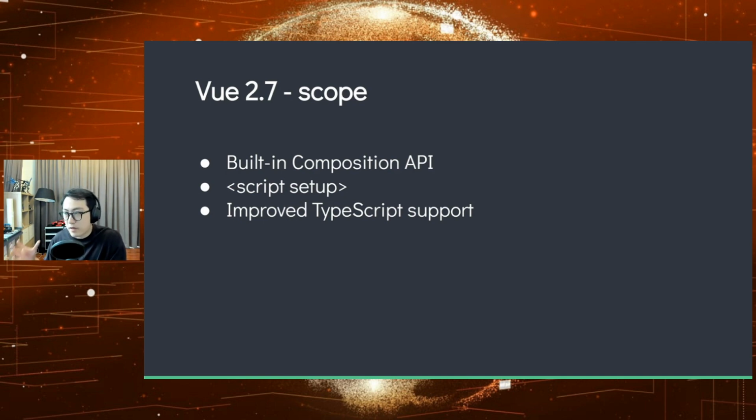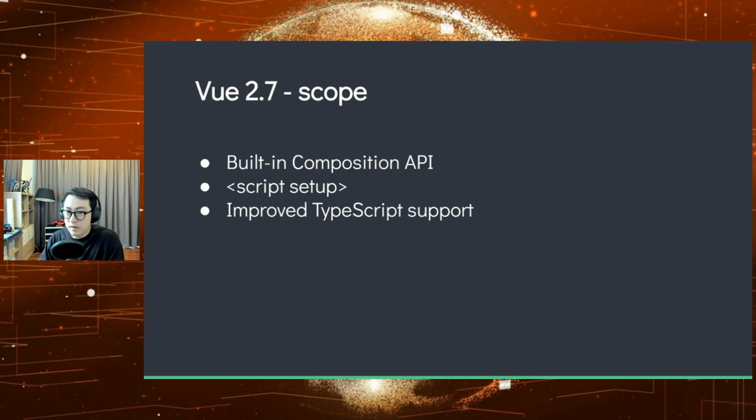But with composition API being backported to Vue 2.7 as built-in APIs, you can now directly import ref from Vue as you would do in Vue 3. And these implementations are also more tightly integrated with Vue 2's reactivity system, so they are more efficient than the plugin version.